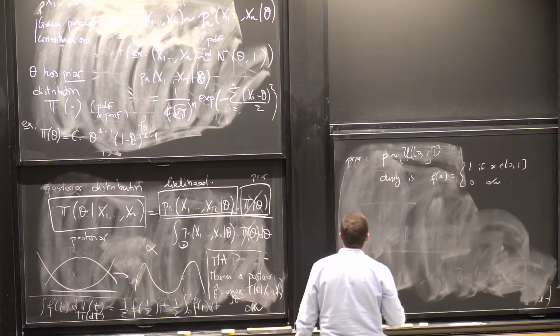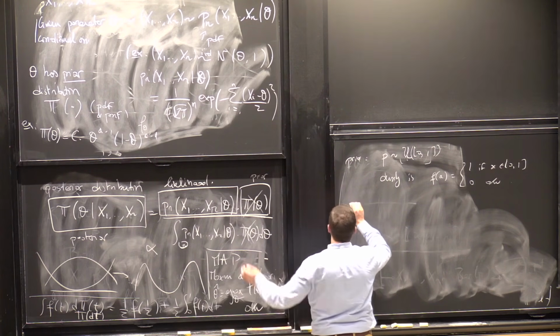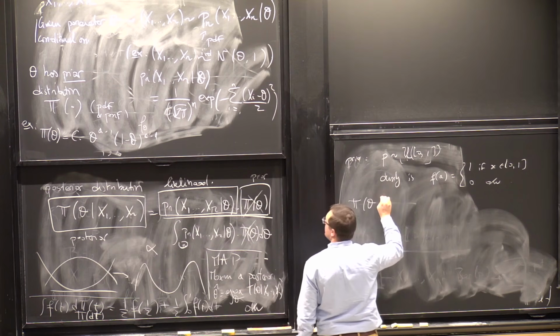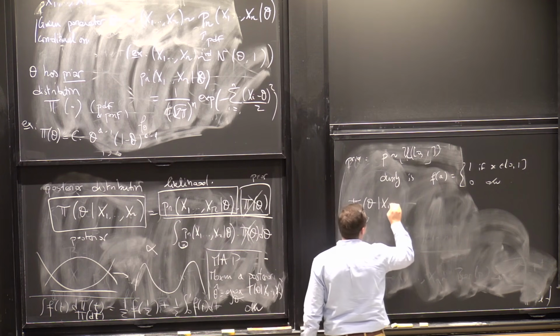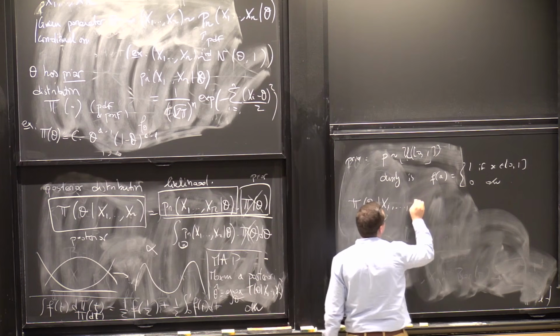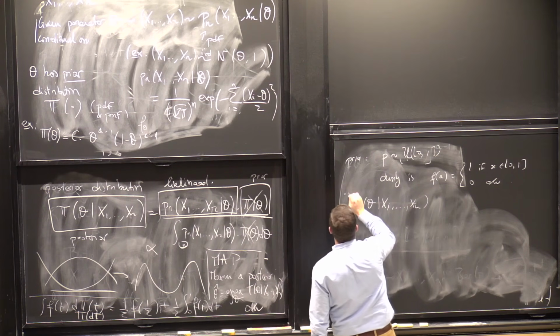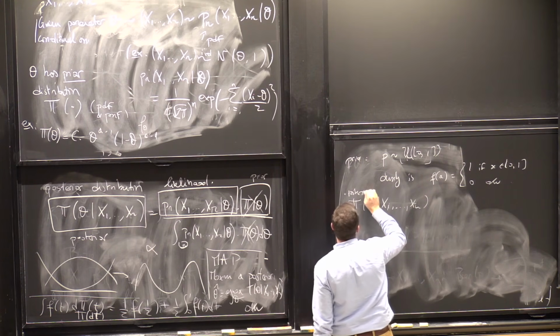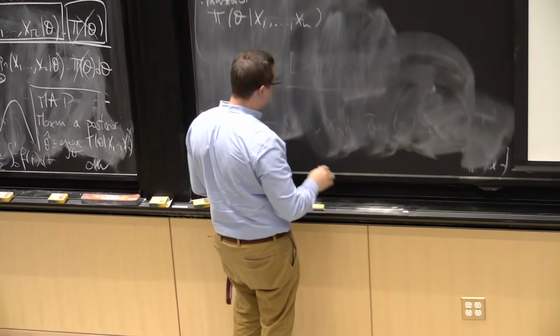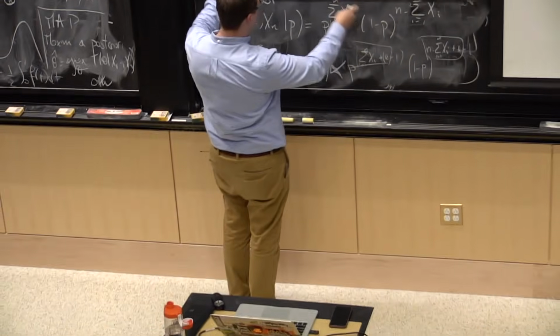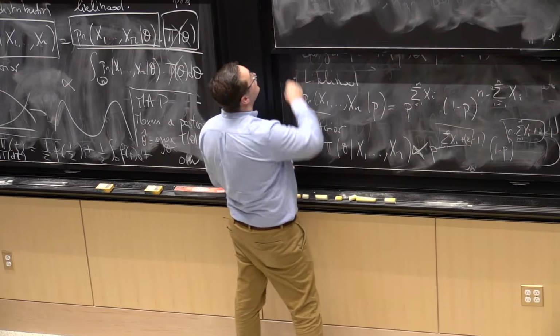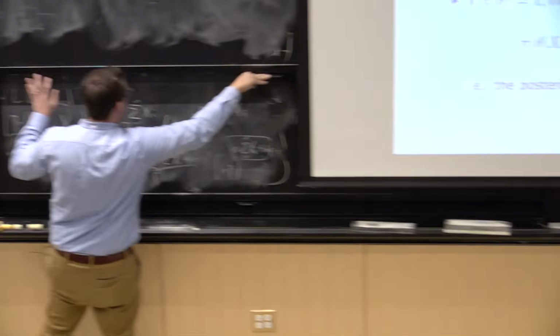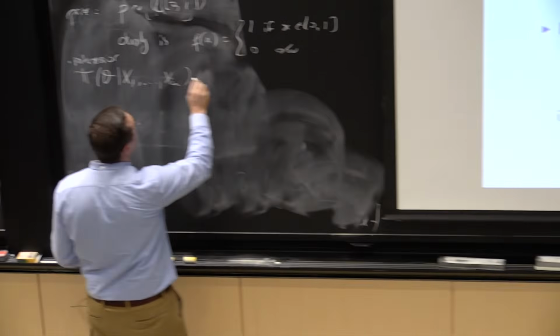Now, if I look at my likelihood, it's still the same thing. So my posterior becomes theta given X1 through Xn. I don't write the likelihood again because we still have it. Yes, the likelihood is given here, so copy paste over there. The posterior is just this thing times 1.